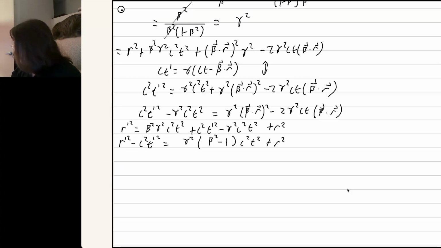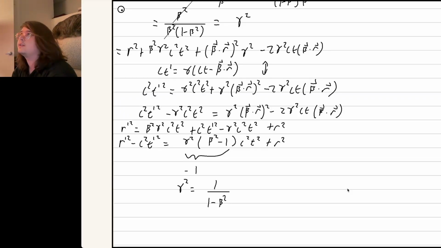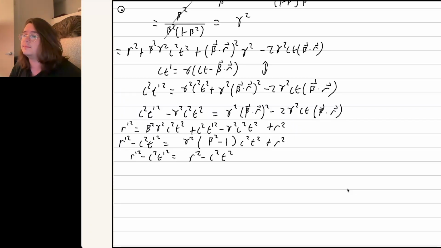Do you see this guy here? That's actually going to be minus 1, gamma squared being 1 over 1 minus beta squared. If you multiply (beta squared minus 1) times that, you just get negative 1. Pretty nice. So we'll have r prime squared minus c squared t prime squared equals r squared minus c squared t squared, which is what Goldstein wanted. There you go.